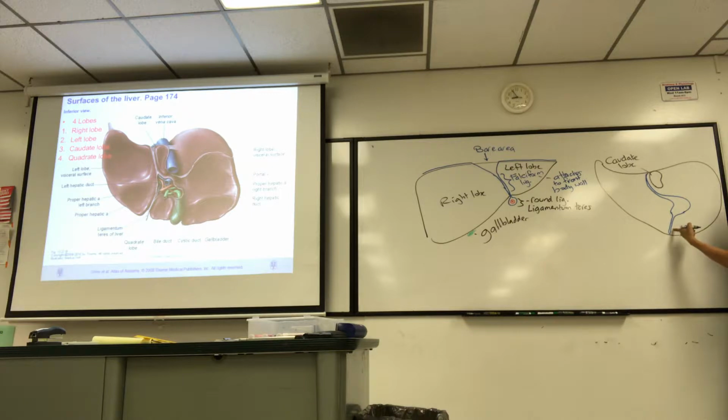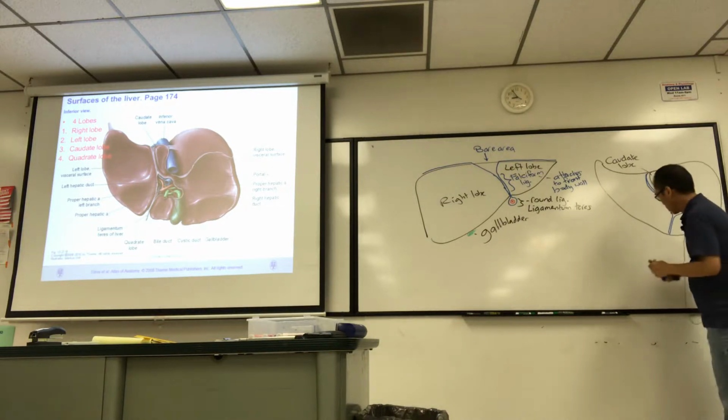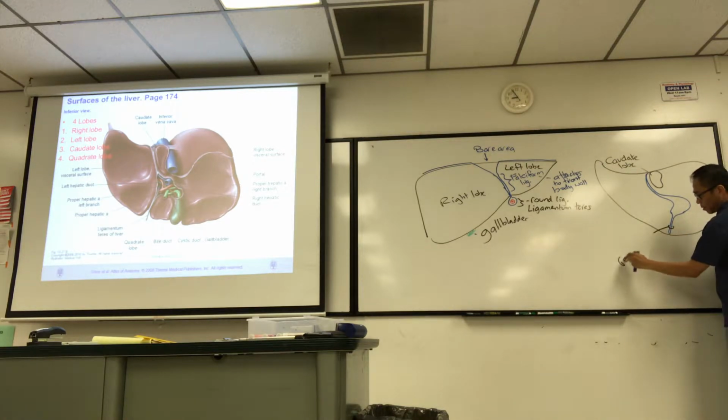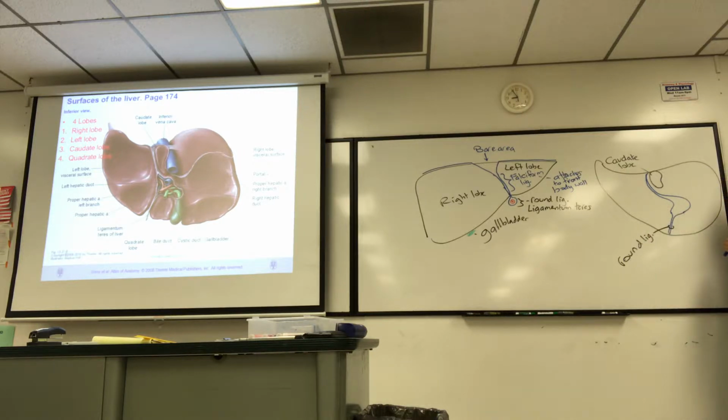Anyways, this is the round ligament from the inferior view, right here. Again, you can call it round ligament or ligamentum teres. Both are acceptable. And right next to that round ligament is our other lobe, has 4 sides, quadrate lobe.